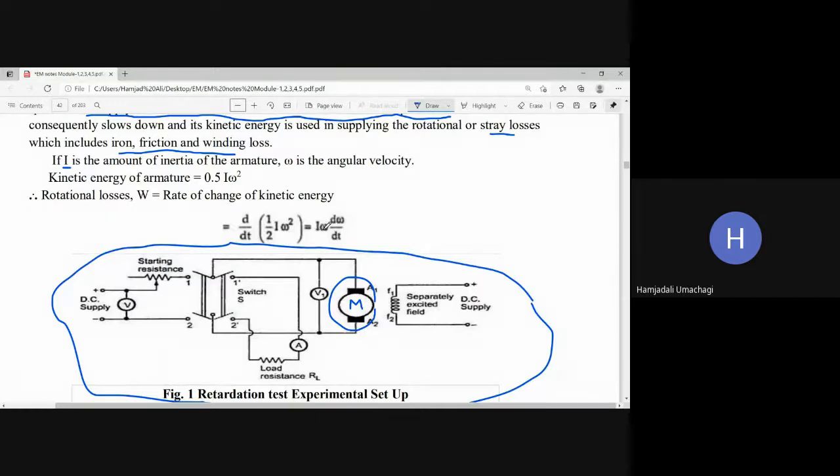The 2 at the denominator and the 2 at the numerator will get cancelled. Finally, you are left with the rate of change of kinetic energy, W is equal to I omega d omega by dt. Is it clear, all of you?